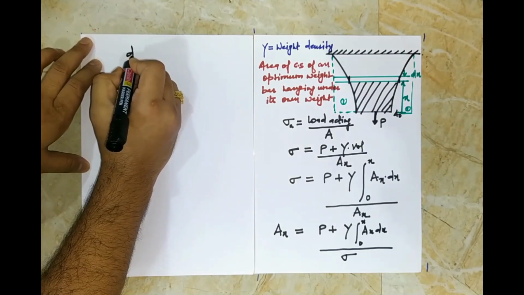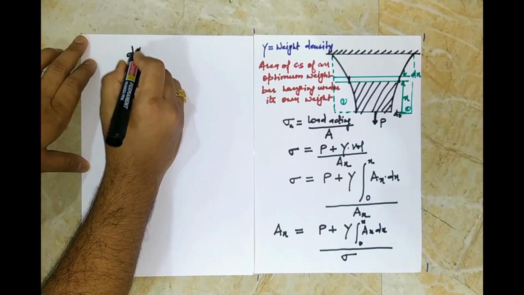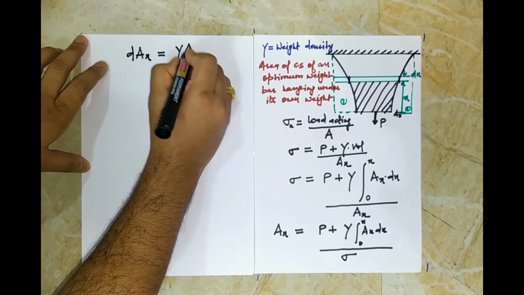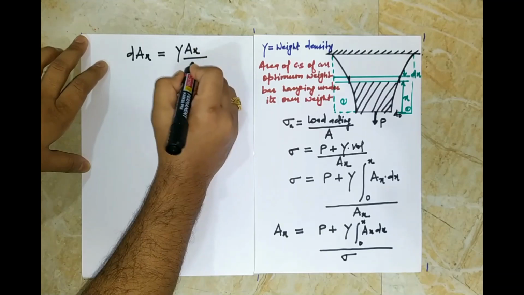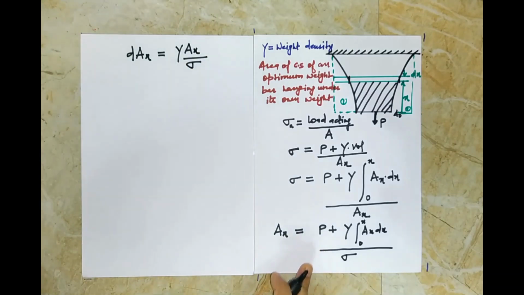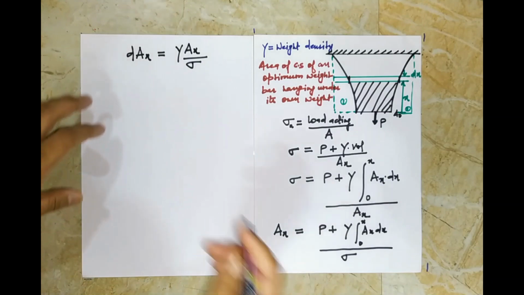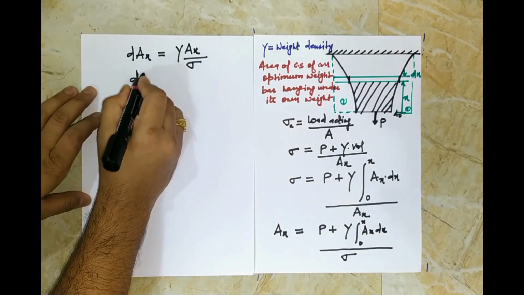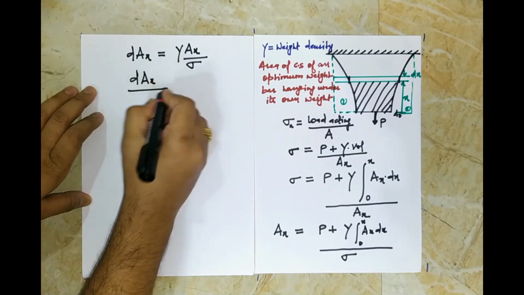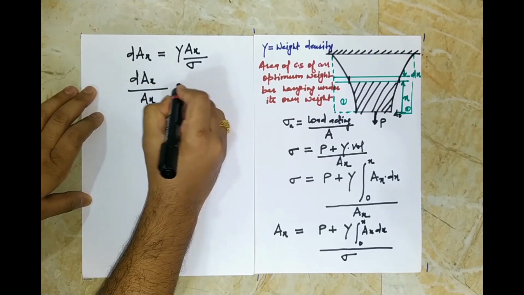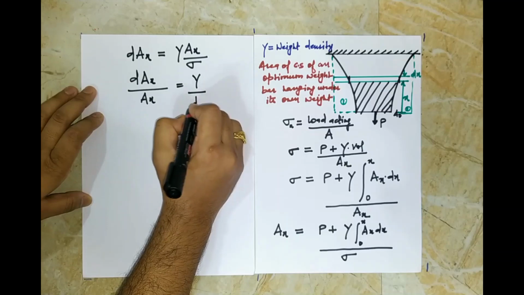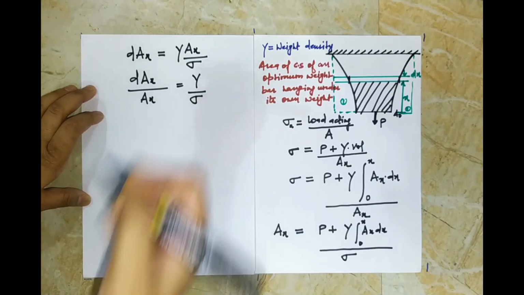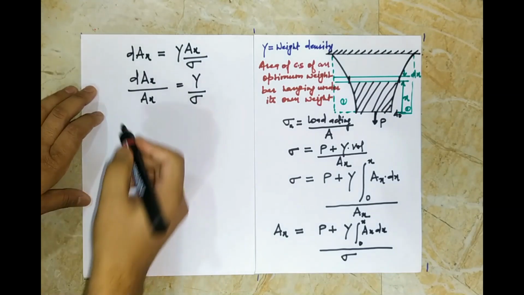So we'll be getting dAx equal to gamma Ax by sigma, because P is a constant and when differentiated it becomes 0. So let us bring this Ax this side. So dAx by Ax will be equal to gamma by sigma into dx. Now let us integrate it.